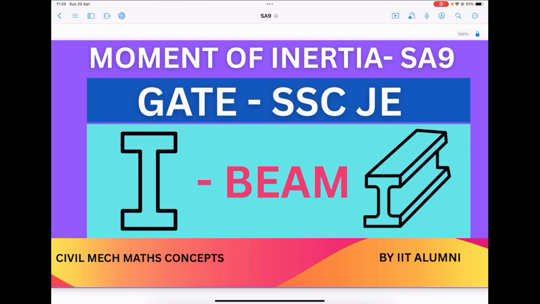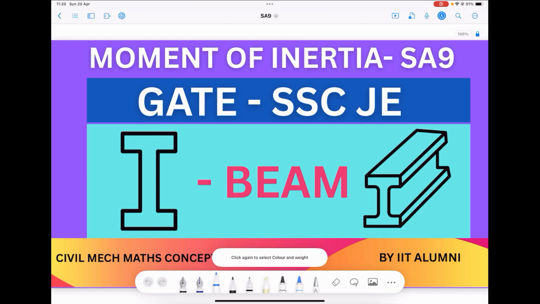You might have seen railway tracks on which trains move. It is a common scene to see. Rail tracks are laid by steel beams of I shape. They are the I-beam.